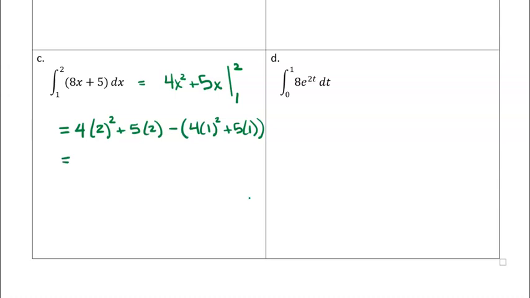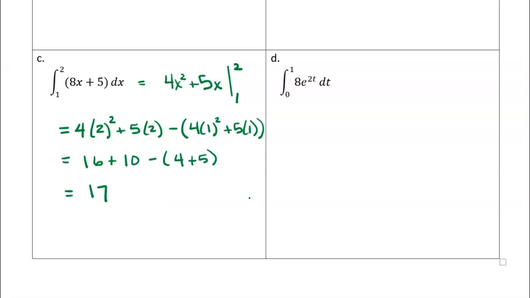All right, let's see what we get. So I have 4 times 4, which is 16, plus 10, and then I'm going to subtract 4 plus 5, okay? So that's 9, so I get 10 minus 9 is 1, and so this turns out to be 17.